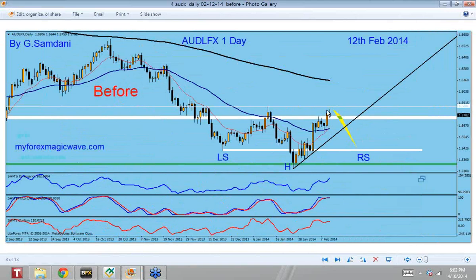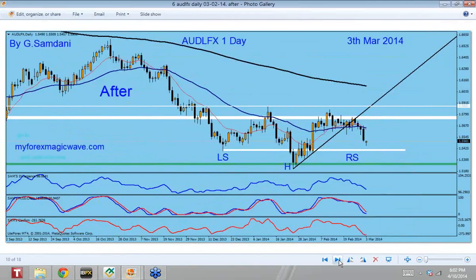I pinpointed that it looks like it's going to be a head and shoulder: the left shoulder is here, head is here, right shoulder is going to be here. The reason I'm going back and showing is to teach you how you project in your mind the upcoming picture, and then you just do it. That's my motive, to teach everyone.